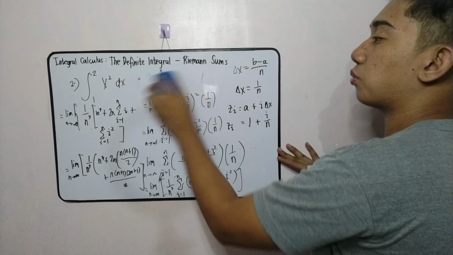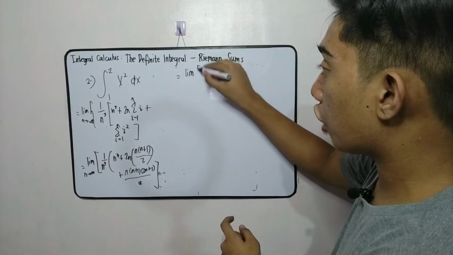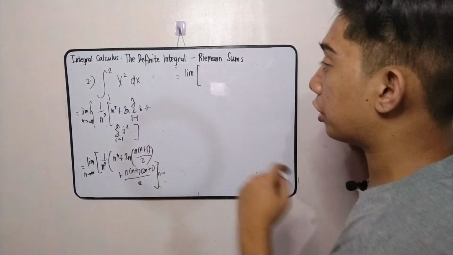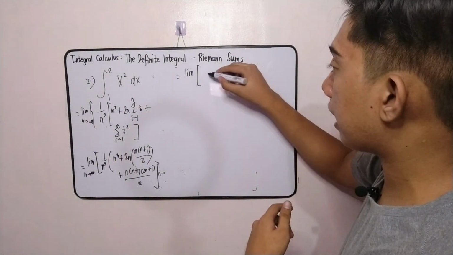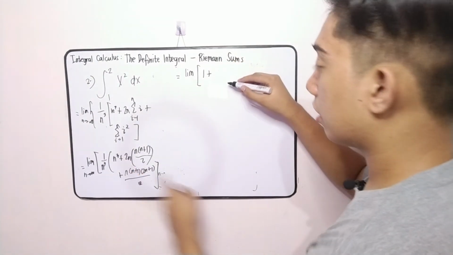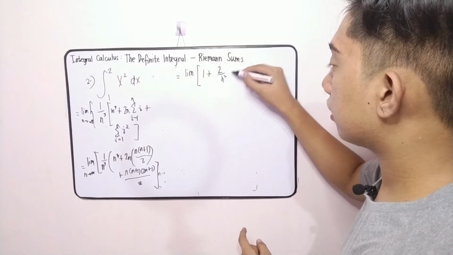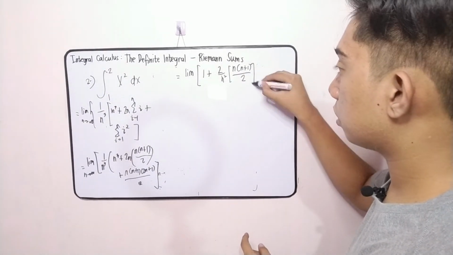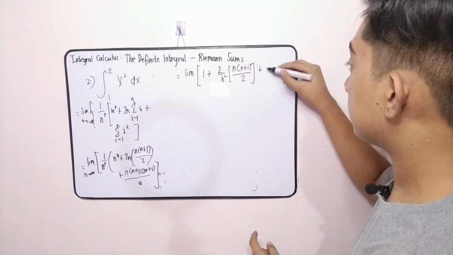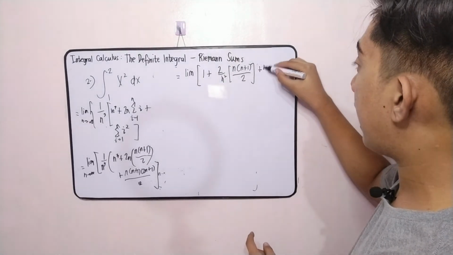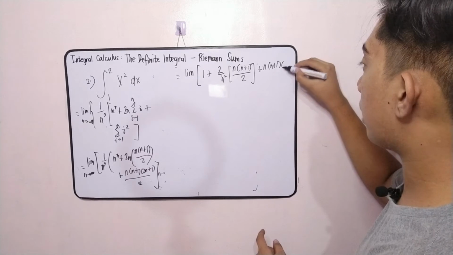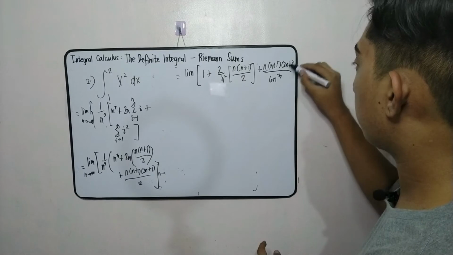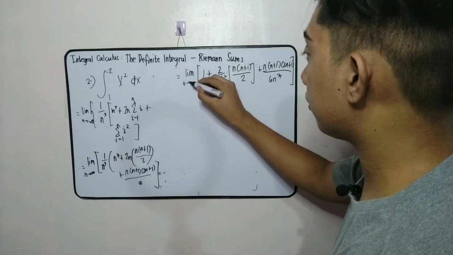So, we will erase this one first. Again, the limit of, I will distribute it now because we no longer have summation notation. So, I will distribute the 1 over n cube. So, this becomes 1 plus 2 over n squared times n plus 1 over 2 plus n times n plus 1 times 2n plus 1 over 6n cube as n approaches infinity.